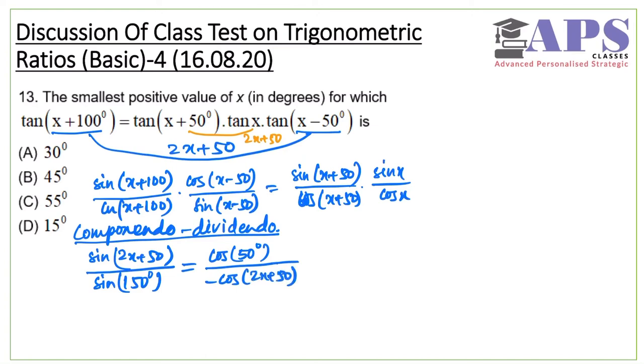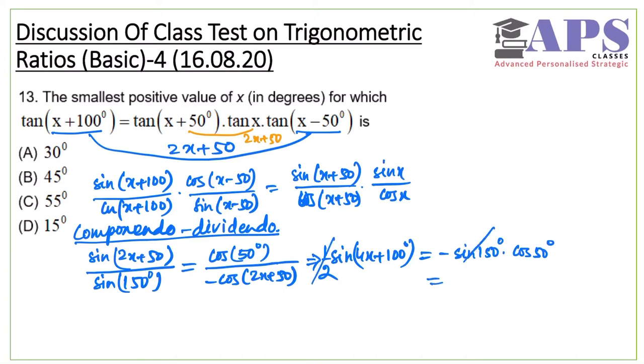Now if I cross multiply and simplify, I will get sin of 4x plus 100 is equal to sin 150 into cos 50 degree with a minus sign. For this I need a half here, sin a cos b for 2 sin a sin b. Now sin 150 is also half, and this is getting cancelled.